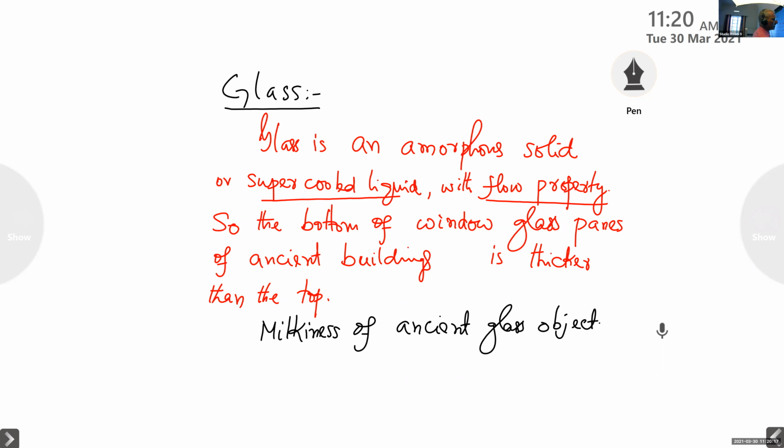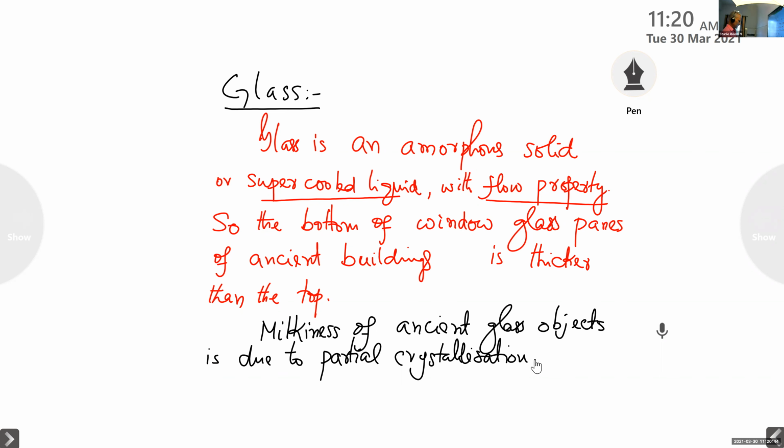Milkiness of ancient glass objects is due to partial crystallization.